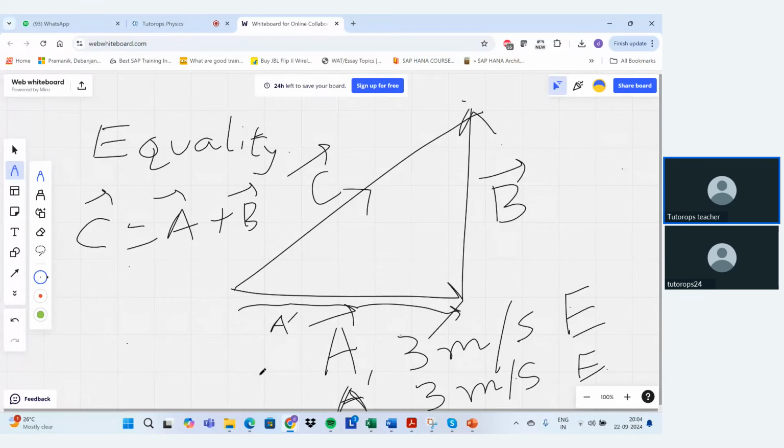After this we will go to vector addition, and then you will learn why this equality is very important for vector addition or subtraction, wherever it is required. In a nutshell, vectors having the same direction and same magnitude can be treated as equal vectors.